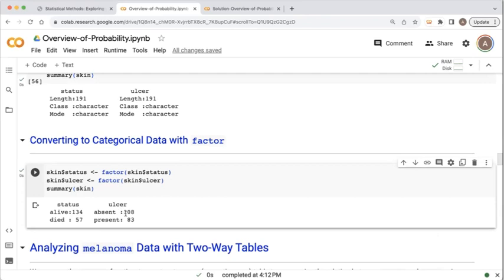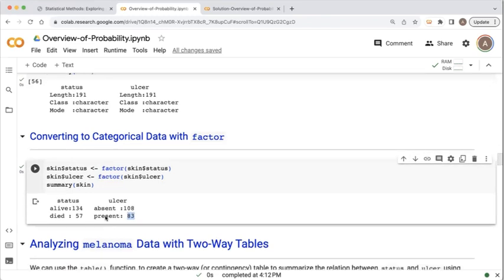And 108 of them did not have an ulcerated skin tumor. 83 of them did have an ulcerated skin tumor. And so these totals are kind of independent of each other. We're just getting the total of status and the total of ulcer. But we would like to know whether there's some association between these two variables.